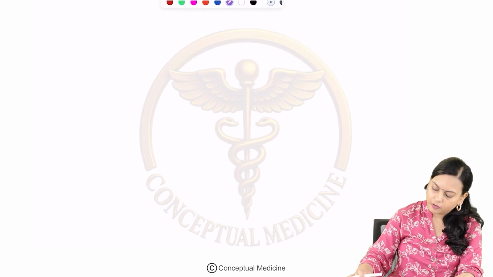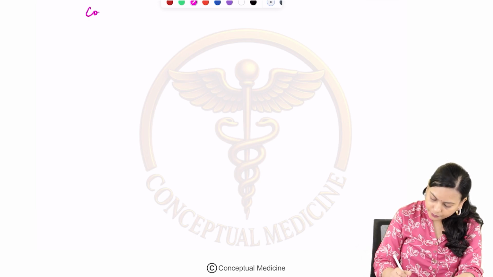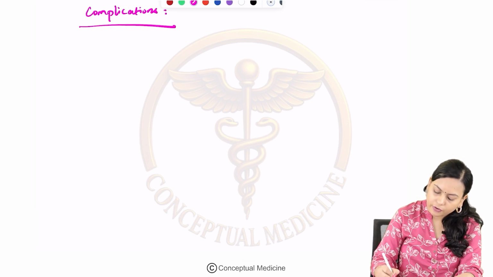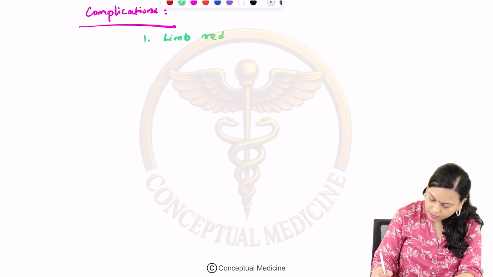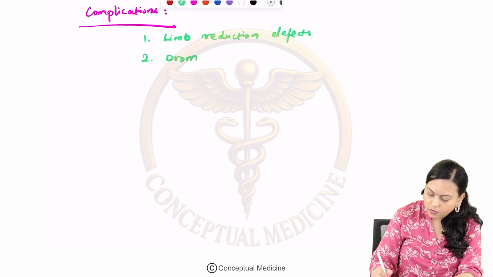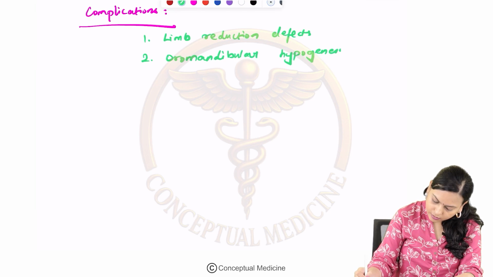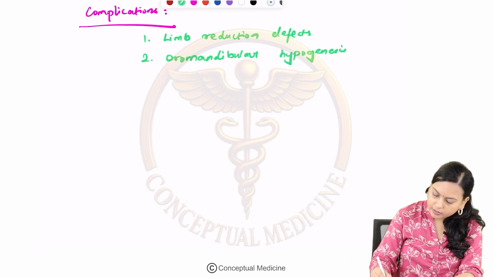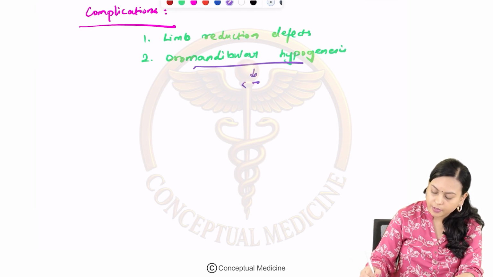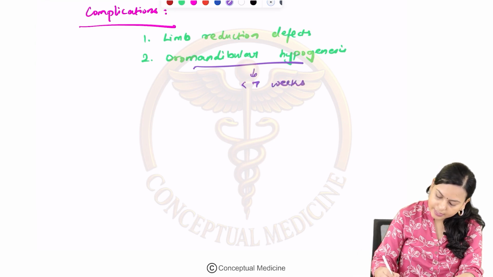Now we'll see some of the complications also. Complications of chorionic villus sampling include limb reduction defects and oromandibular hypogenesis, and these usually occur when it is performed even earlier, less than 7 weeks.